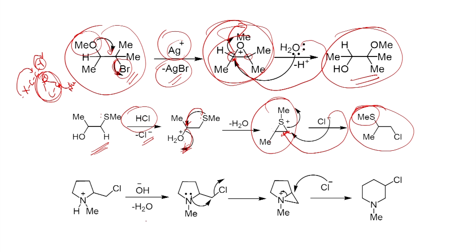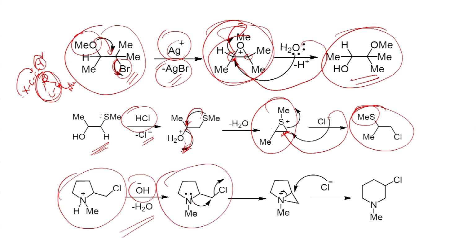Now, let us look at this salt. When you treat the salt with base, you will form this tertiary amine. The lone pair of the nitrogen can assist to cleave this carbon-chlorine bond heterolytically. It can go with this bond pair and you will form this cation intermediate.